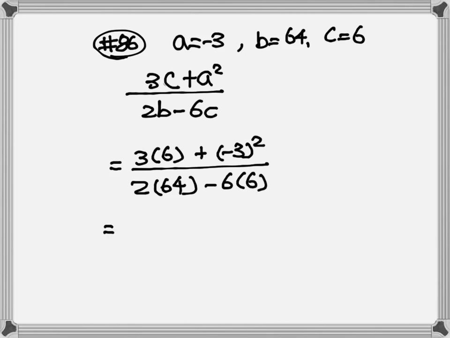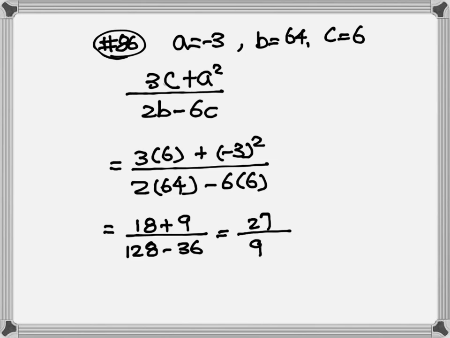Let's multiply the two numbers: 3 times 6 gives me 18, plus negative 3 squared becomes positive 9, over 128 minus 36. Adding the two numbers on the top gives me 27. The bottom is subtracting the two numbers, which gives you 92.